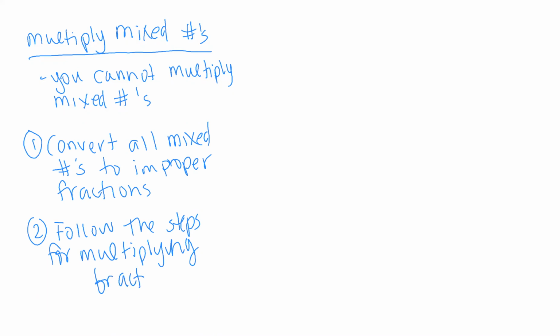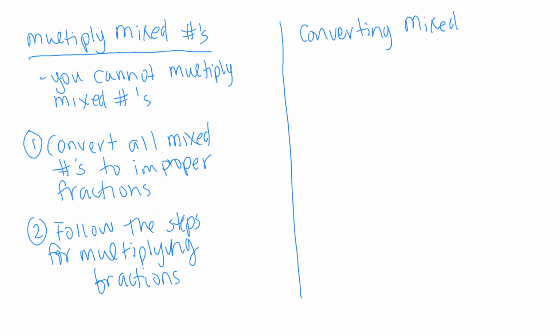And just so that we can make sure we all remember how to convert mixed numbers to improper fractions, let's practice. So we're going to convert mixed numbers to improper fractions. So that's in a previous video, but just in case, let's do a couple.